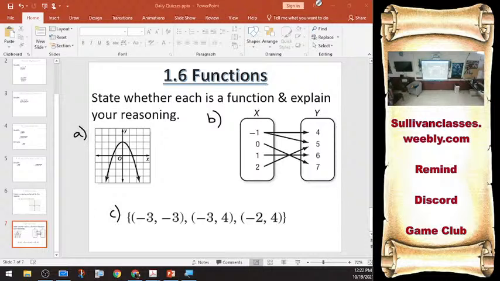And whether it's a function or not, tell me your reasoning. Open notes, open everything. Stay on the bench. Okay. You all do that. I'll be back.